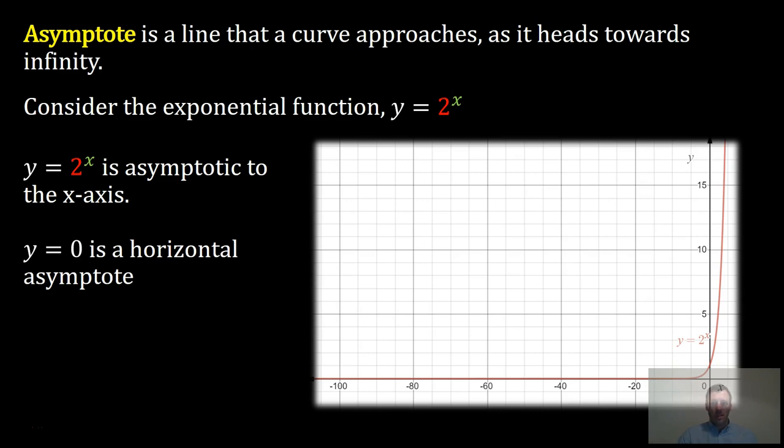We also say that as x approaches or tends towards minus infinity, y tends towards 0 from above, and we write it as x arrow minus infinity, y arrow 0 with a little plus sign to indicate that it approaches from above.